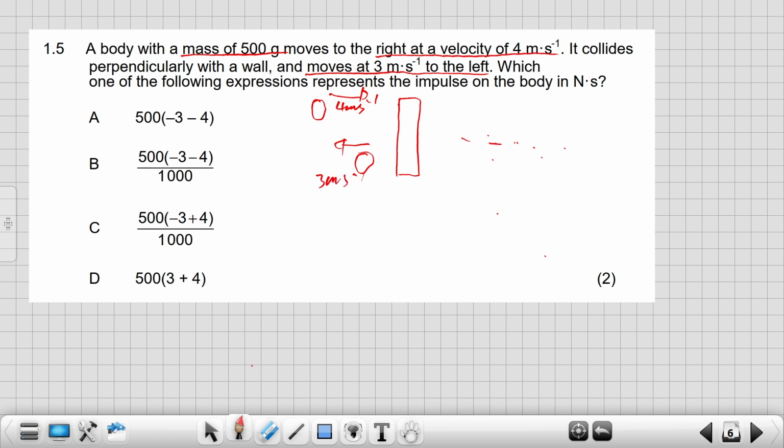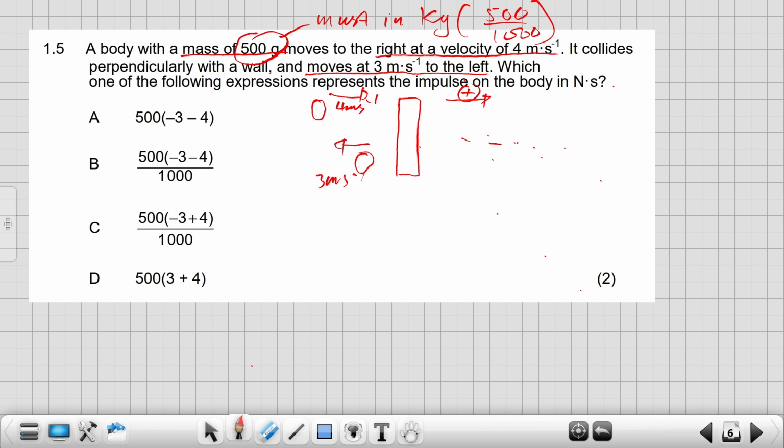The first thing to do is to make a choice of direction. So I'm choosing to the right as positive. So what could be the problem here? I know that my mass must be in kg. So if it is in kg, I must now divide by 1,000.